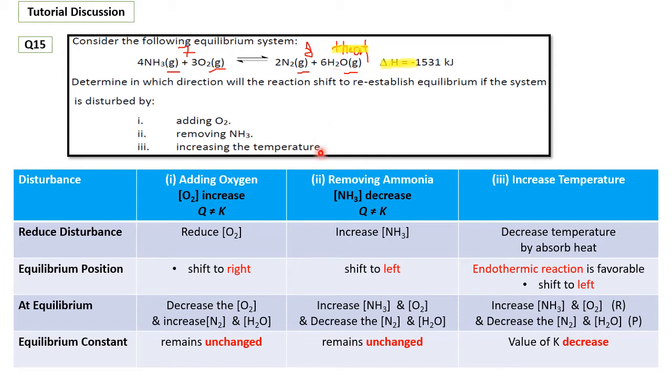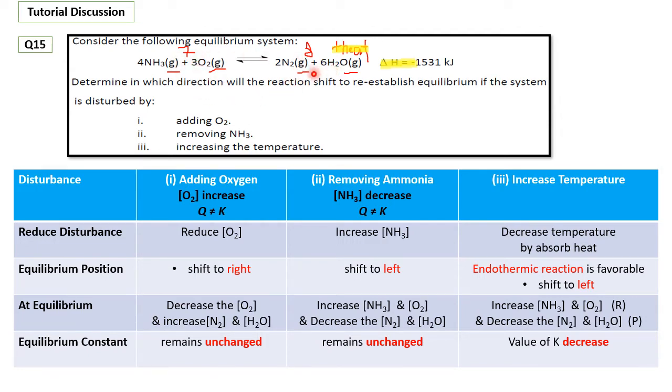Number 3, increasing the temperature. In this case, the forward reaction is exothermic. If we increase the temperature, the endothermic reaction is favorable. So the equilibrium position will shift to the left.